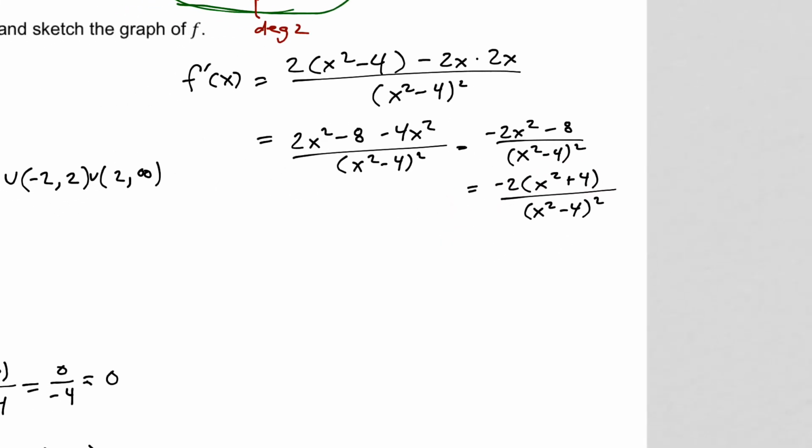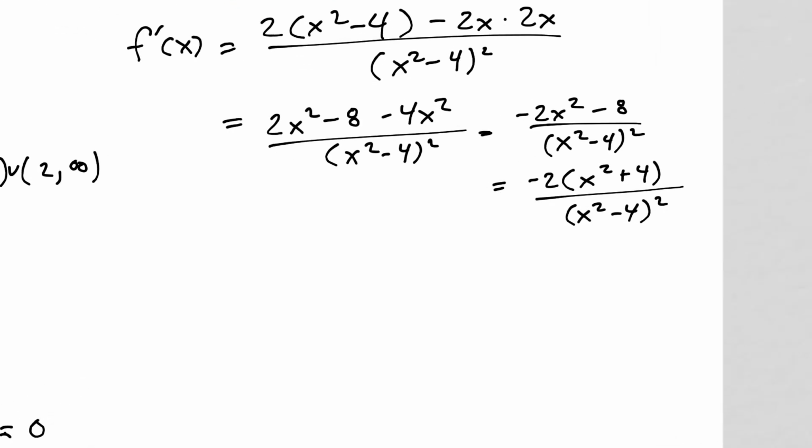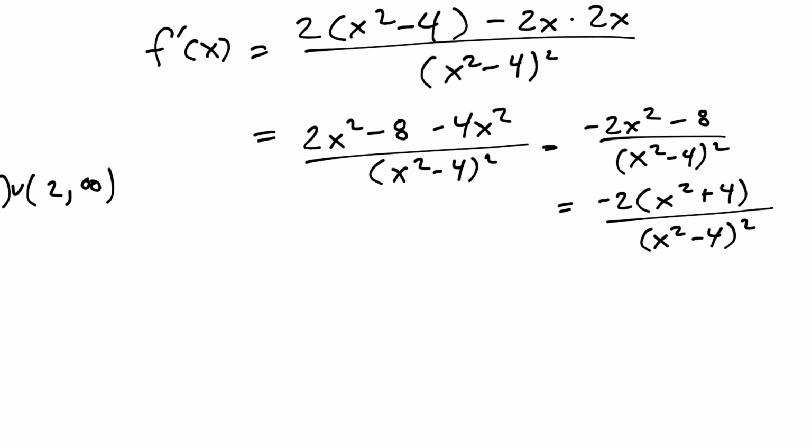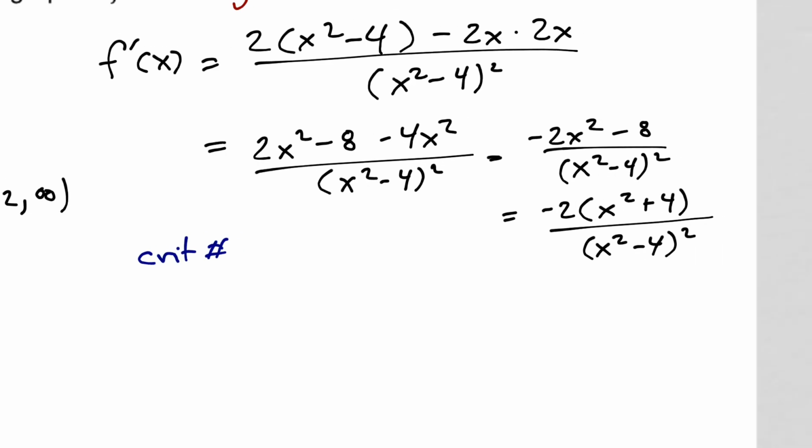So what that means, the information we need to know in order to analyze when the function is increasing or decreasing, I want to find the critical numbers. And in this case, there's no place where the derivative equals 0, because of what I just mentioned. The numerator never equals 0.